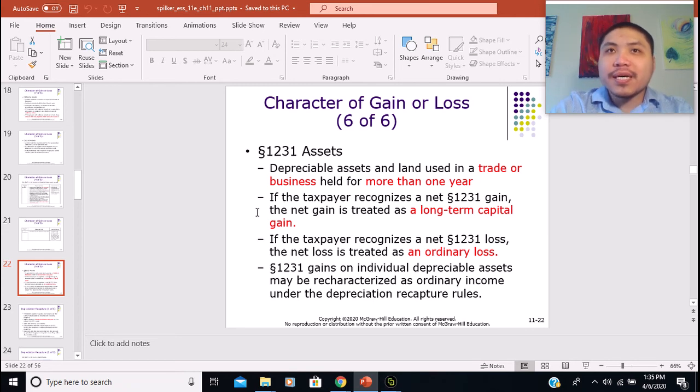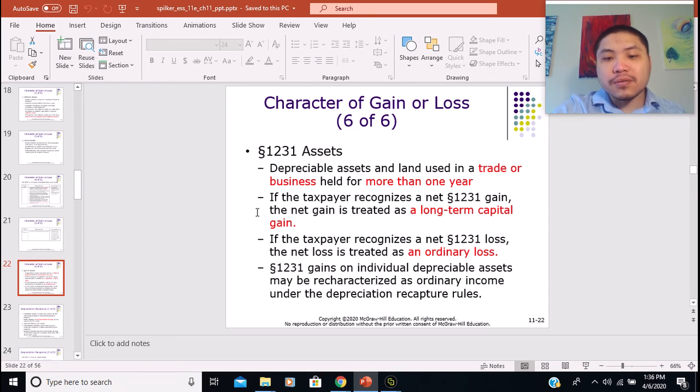At the end of year 2, the taxpayer wants to dispose of this asset and sells it for $1,000. Now, even though the asset is still worth $1,000, because of the depreciation, the cost recovery during 2 years, the taxpayer is going to receive a gain of $200.